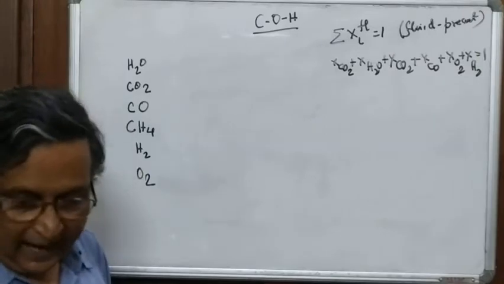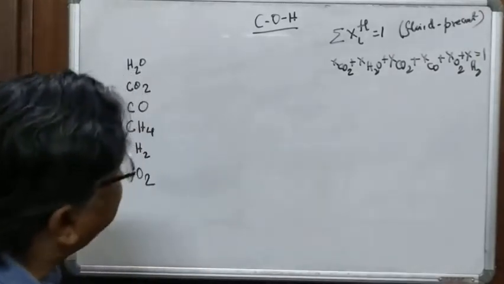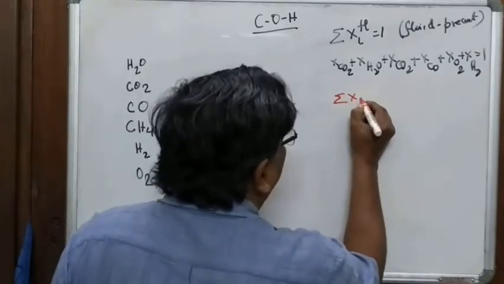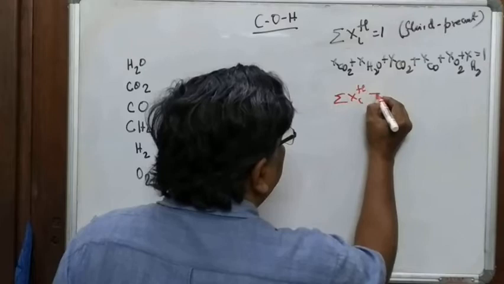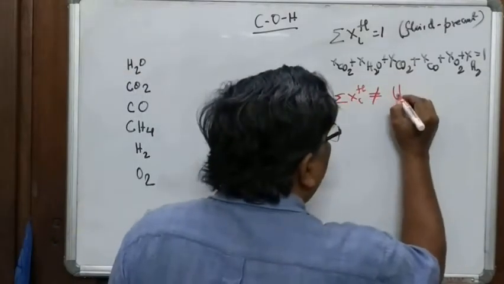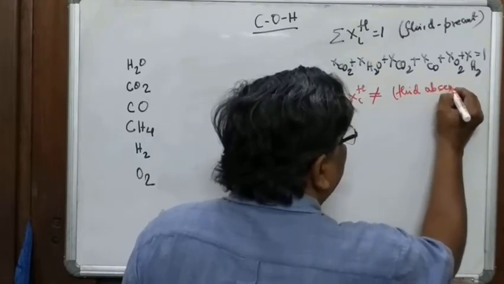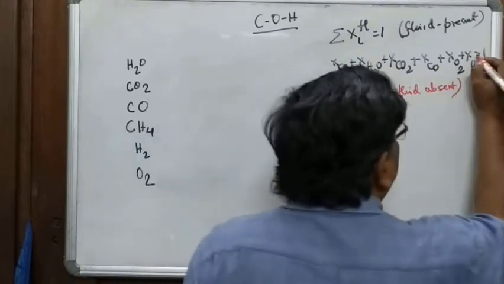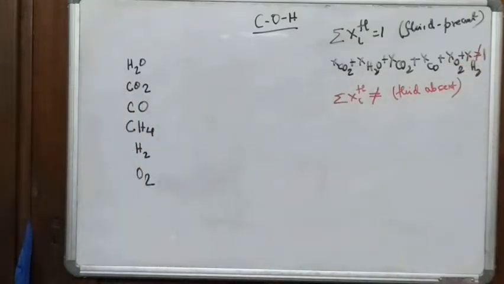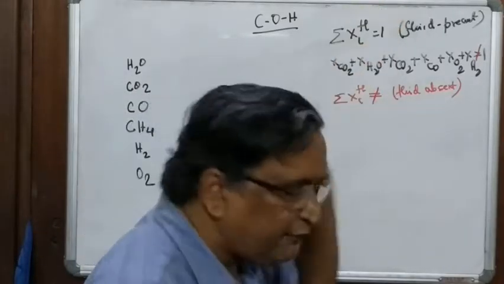But for fluid absent metamorphism, sigma xi in the fluid is not equal to 1. And that is what is called fluid absent. So basically, what is the difference between fluid present and fluid absent?